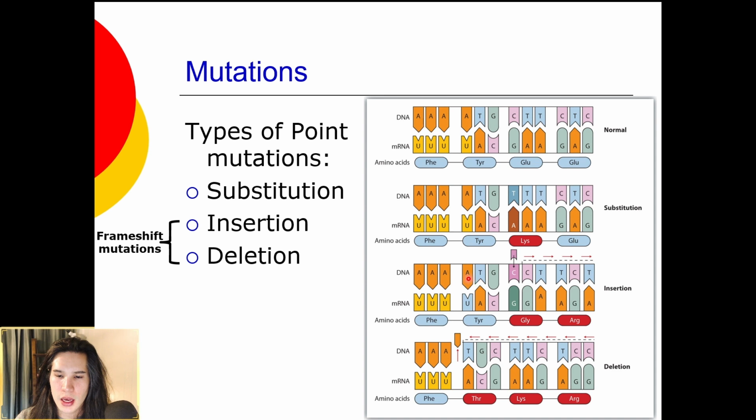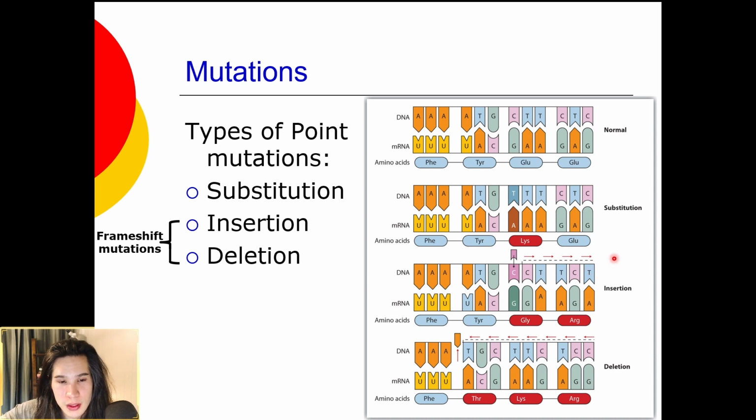Now we have AAA, ATG, and then we insert a whole new nucleotide right here. But what that does is it shifts everything forward. So instead of CTT, now we have CCT for this codon.